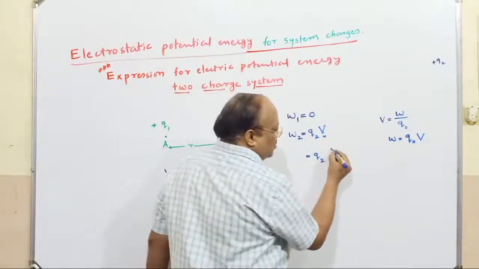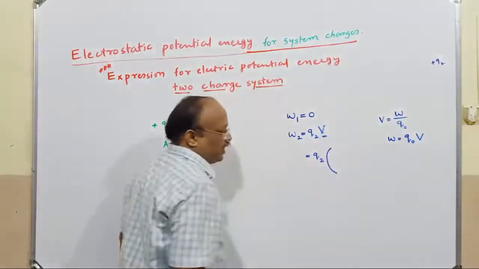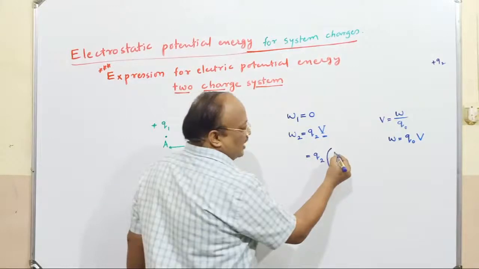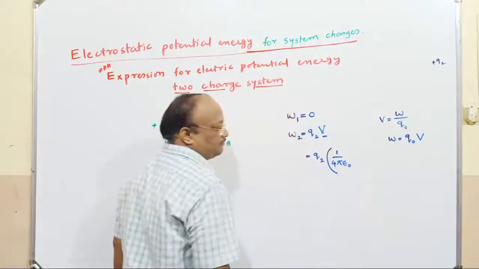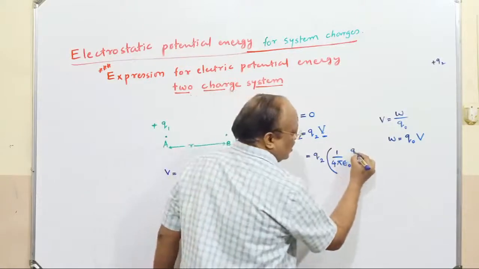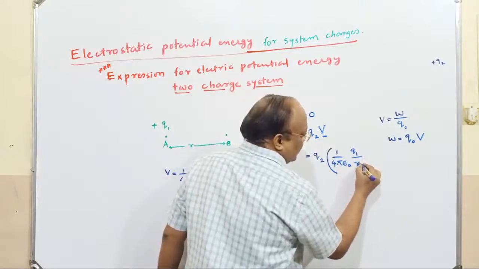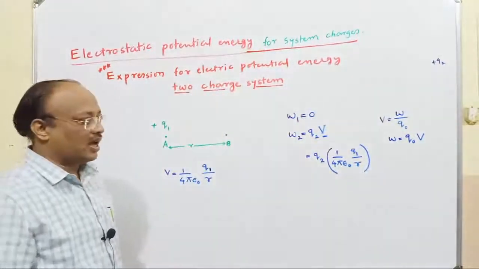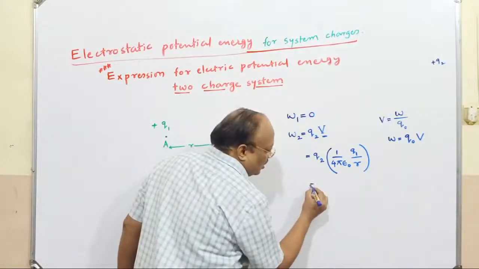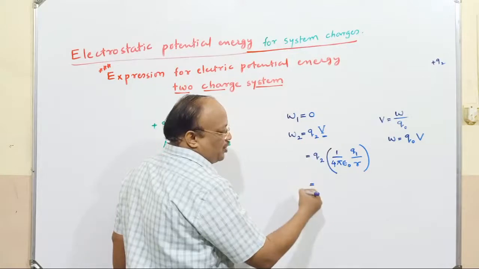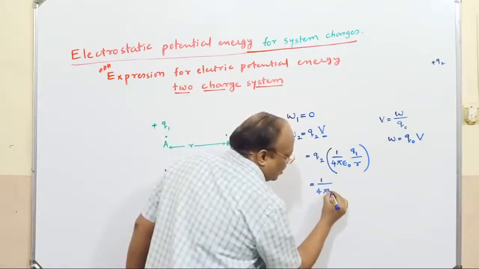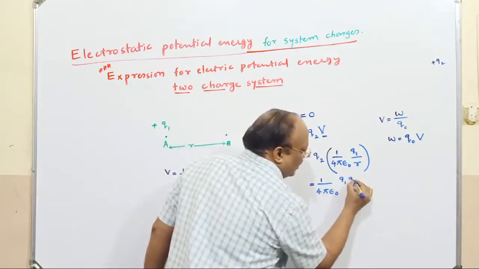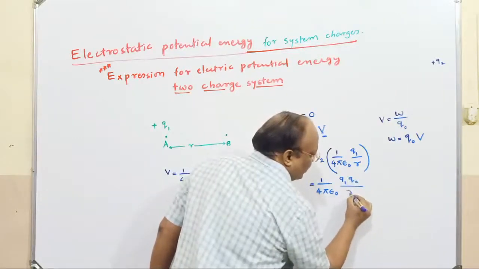So if I substitute this value in place of V, it is 1 by 4 pi epsilon naught, charge is Q1, separation is R. So W2, the amount of work, is 1 by 4 pi epsilon naught, charge Q1 into Q2 divided by R.